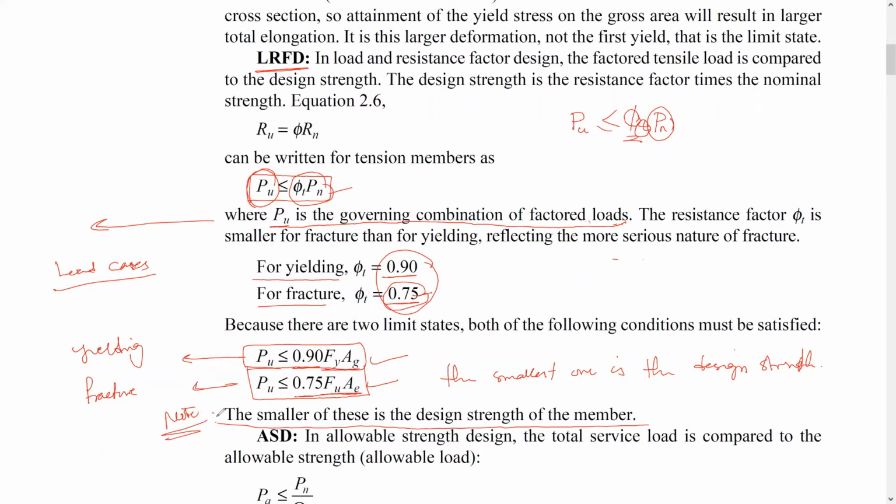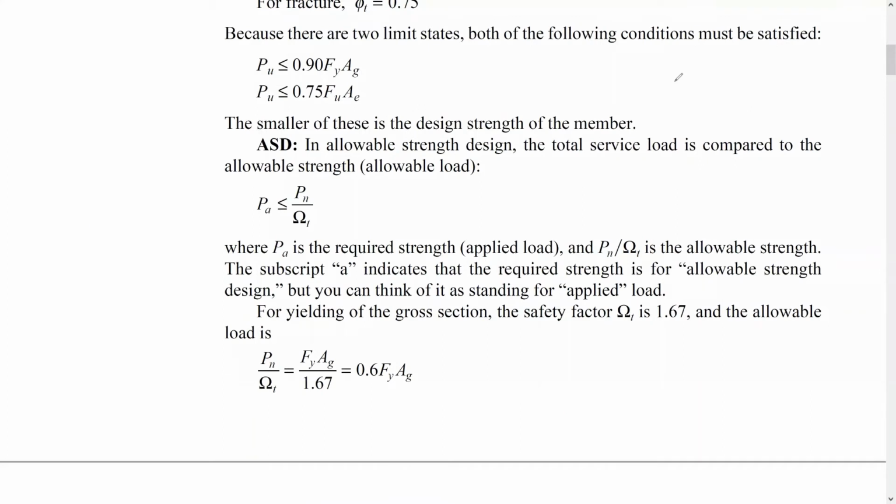It must be determined. For ASD, which is allowable strength design, all the time the required strength or the applied load, here it's the applied service load. Okay, applied service load means we do have no factor, and the required force should be less than or equal to the nominal strength divided by the safety factor.